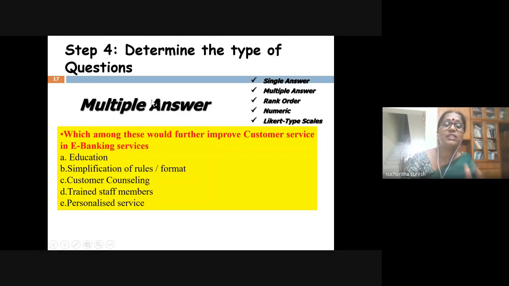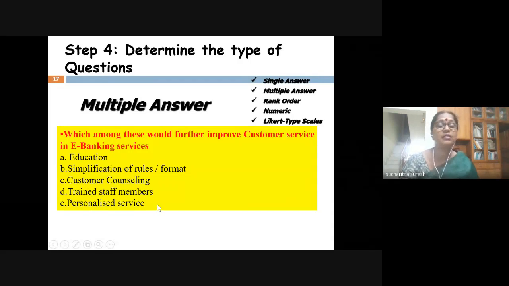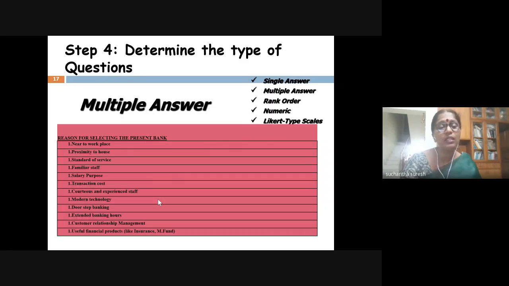Another one: which among these would further improve customer service in e-banking services? Whether it is education, simplification of the rules, customer counseling, trained staff members, or personalized services, which one? There may be multiple responses. Or the reasons for selecting the present bank: near to workplace, proximity to house, standard of service, familiar staff, salary purpose and transaction.